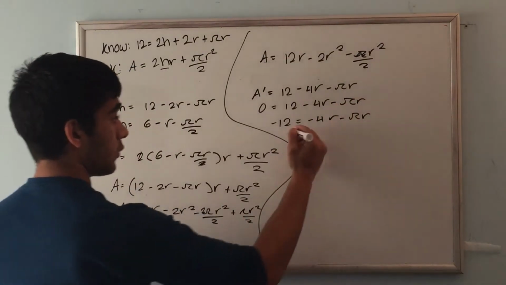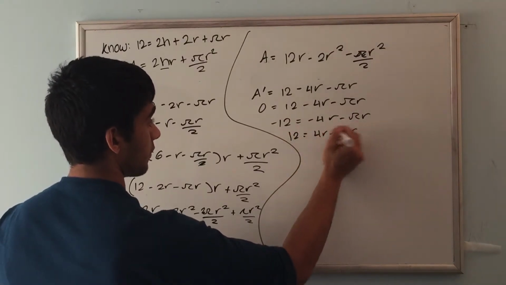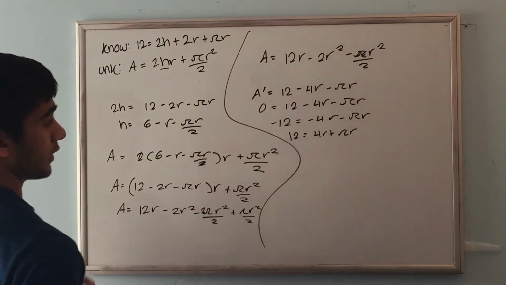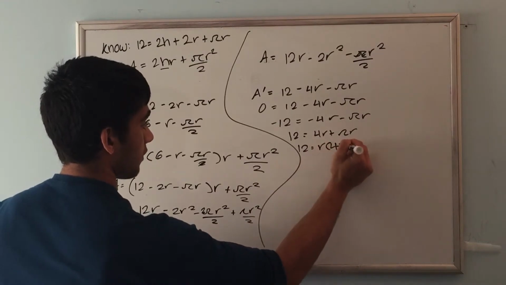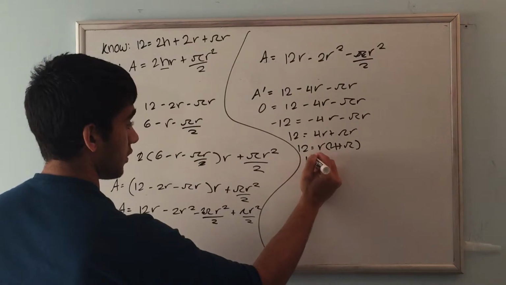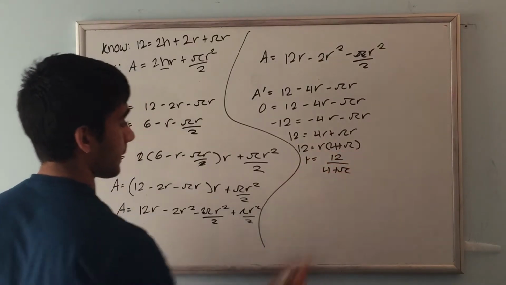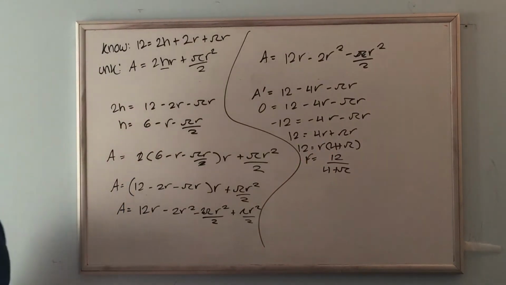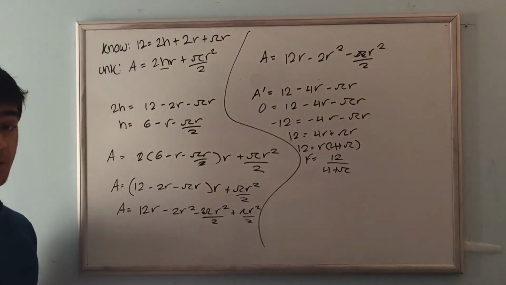Divide by a negative 1, we get 12 equals 4r plus pi r. Then we take out r from the right side of the equation, we get r times 4 plus pi. And if we divide by 4 plus pi, we get r equals 12 over 4 plus pi. So right now, after setting the derivative of the area equal to 0, we got the radius is 12 over 4 plus pi.